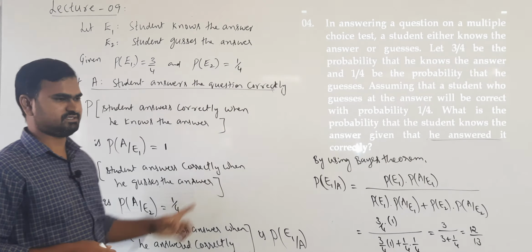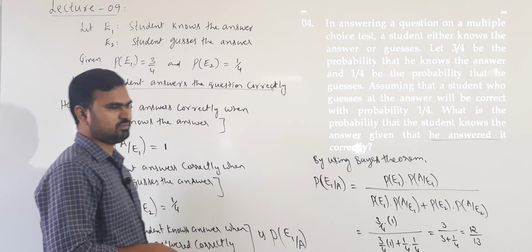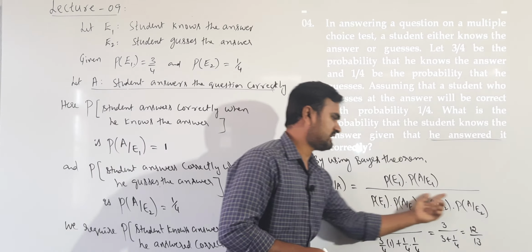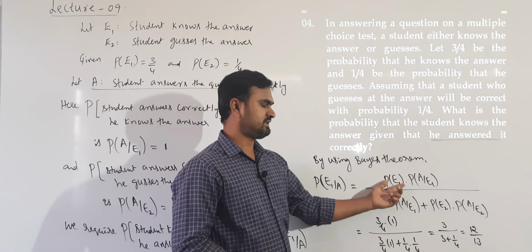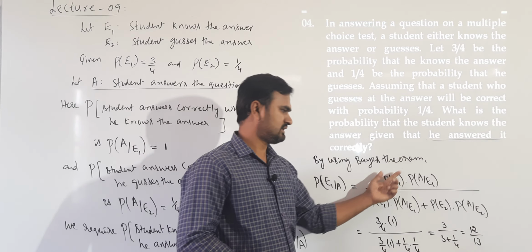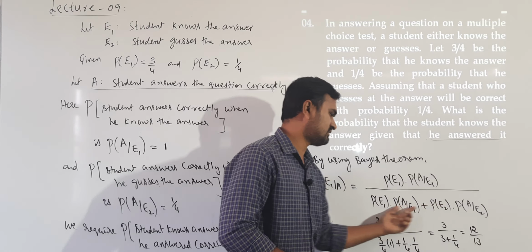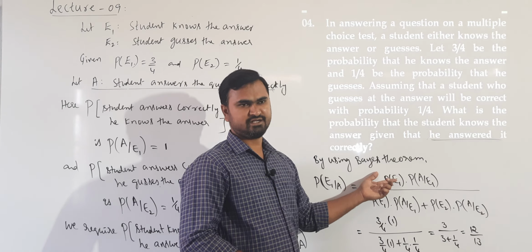Write the corresponding probabilities. Then whatever probability we require, out of the two cases, which case do we need? In the denominator we write the total probability, and in the numerator we write whichever case is needed. So here we have two cases, and out of the two, whichever is needed we write in the numerator.